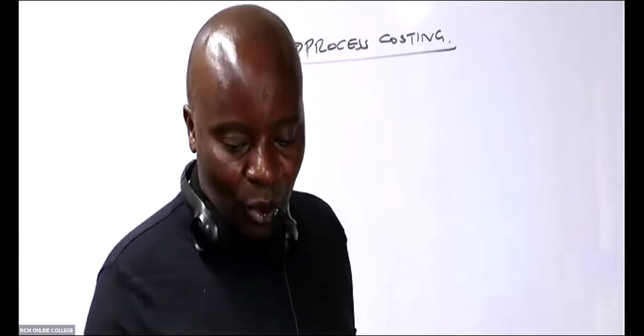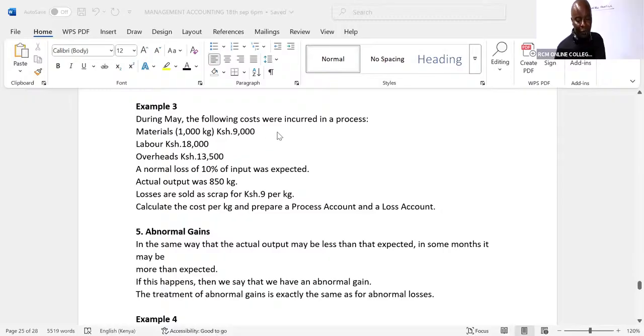So, ladies and gentlemen, this is what we are told here. I would want to basically start with a question that I did yesterday for purposes of a recap. So this is example 3. We are told during May, the following costs were incurred in a process.